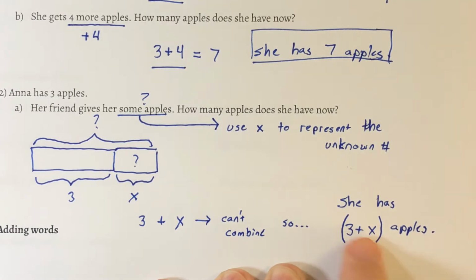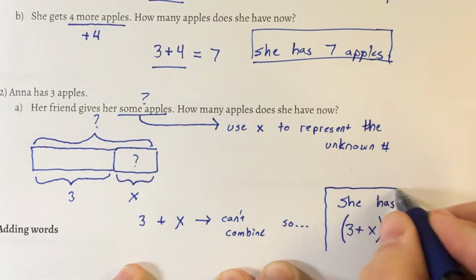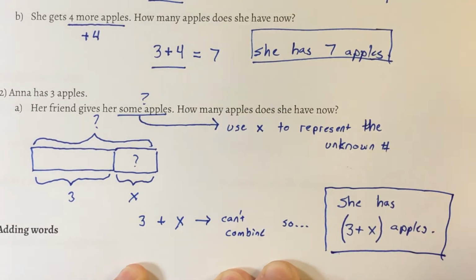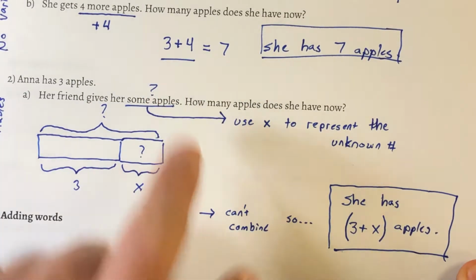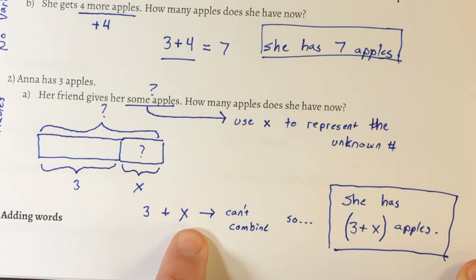When you have more than one term and you need to put a label, put your terms in parentheses. So again, unlike combining 3 and 4 to make 7, I can't combine the 3 and the x. So it stays as 3 plus x. So that's how many apples she has. We have expressed the answer when we didn't know stuff.